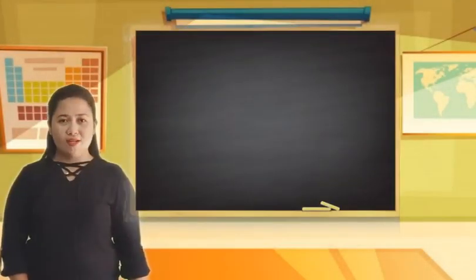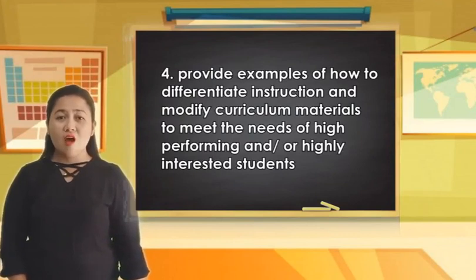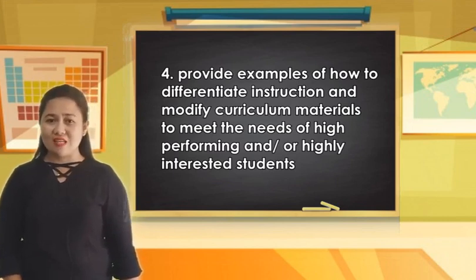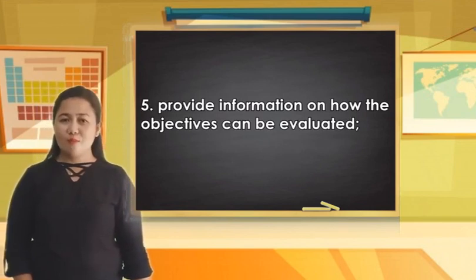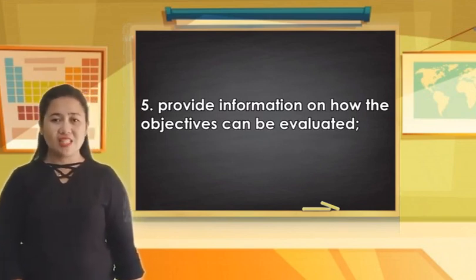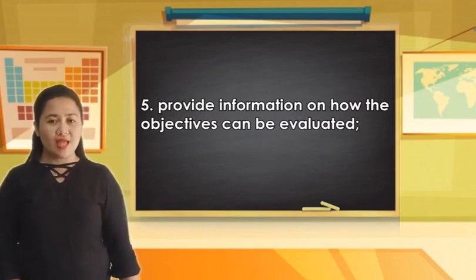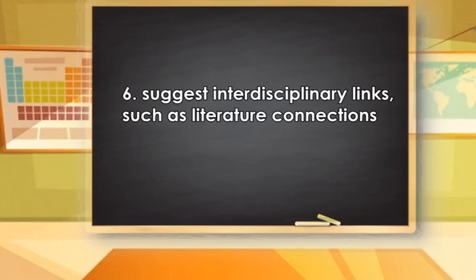Number 4, provide examples of how to differentiate instruction and modify curriculum materials to meet the needs of high-performing and/or highly interested students. Number 5, provide information on how the objectives can be evaluated. And number 6, suggest interdisciplinary links such as literature connections.